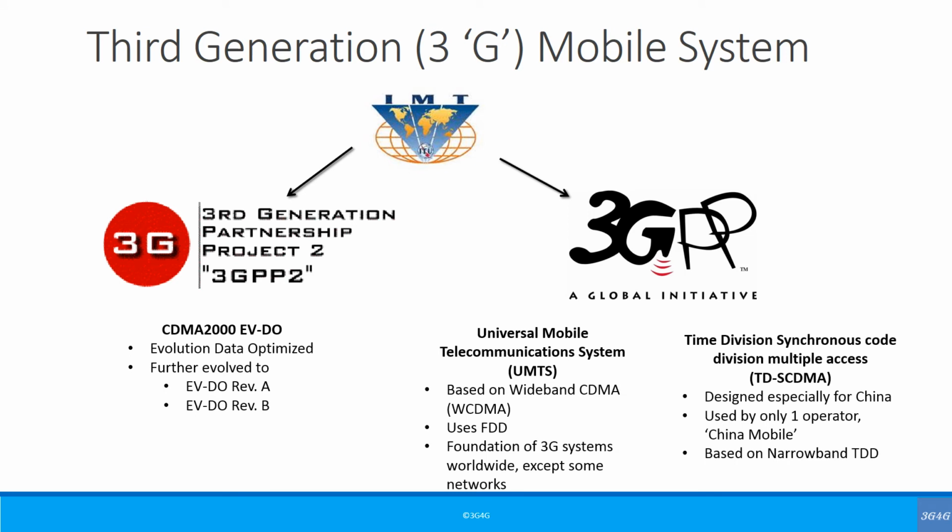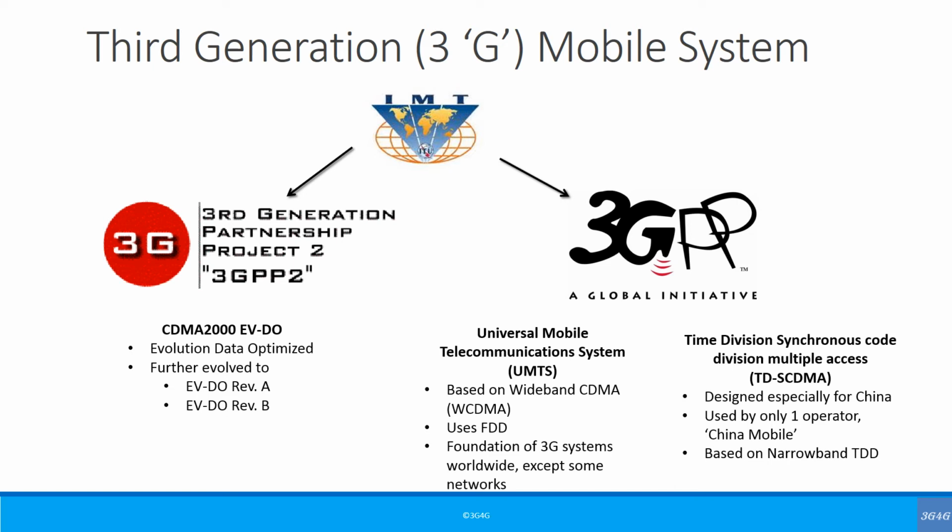But there was another technology which is supported by 3GPP, called the TD-SCDMA, time division synchronous code division multiple access. This was designed for China because China wanted to have their own standard for 3G. So rather than let them have their completely own standard, 3GPP supported the TD-SCDMA, which is also a narrowband TDD system.